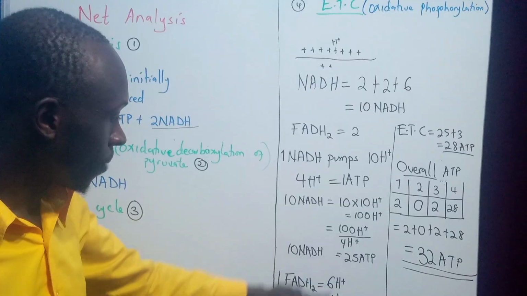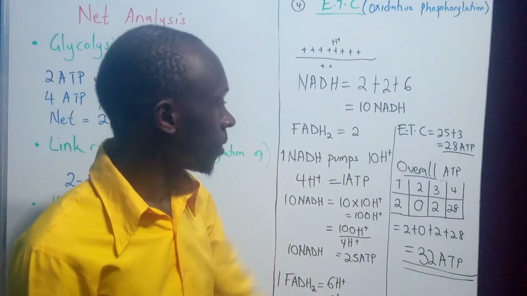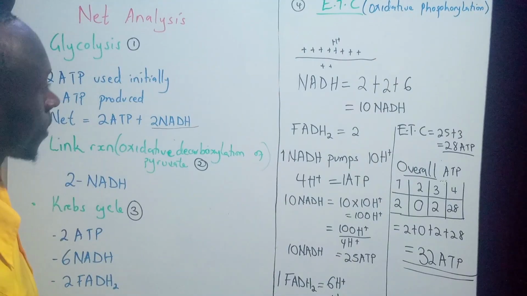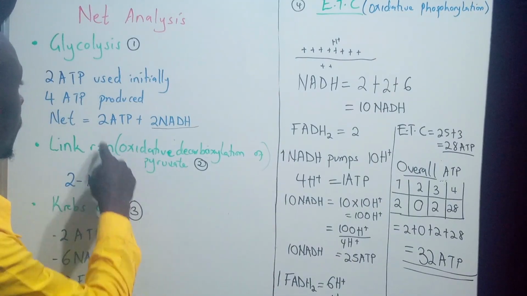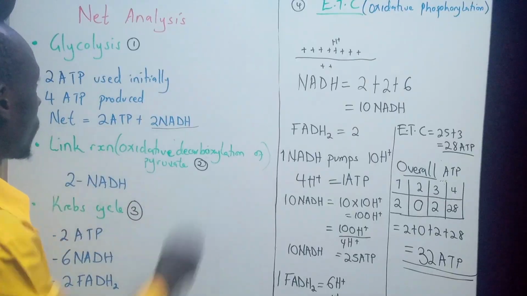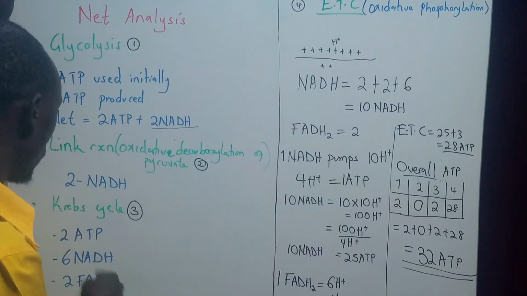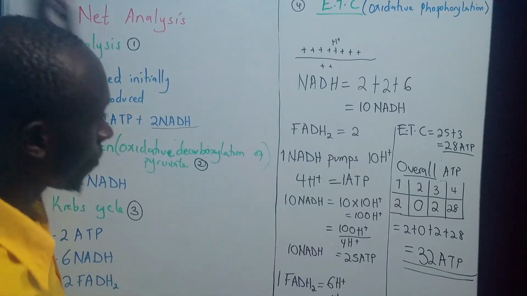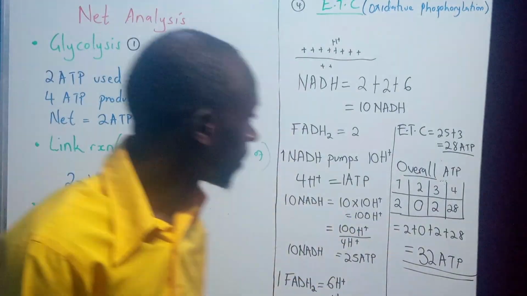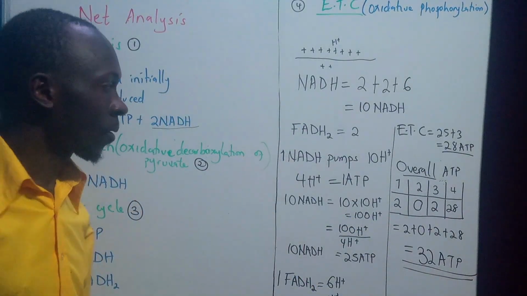If we add the 25 plus 3, we shall get a total of what? 28. So overall, the net of 2 ATP molecules obtained from glycolysis, and in the Krebs cycle we obtained 2. So if we have 2 plus 28, it gives us a total of 32.